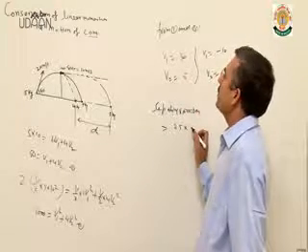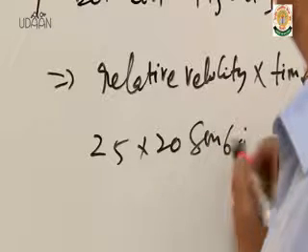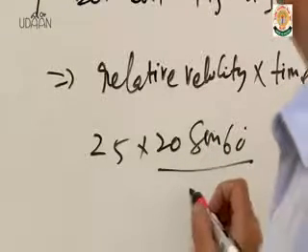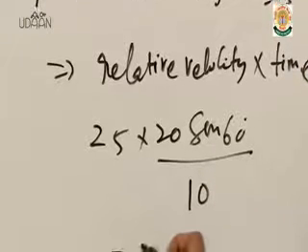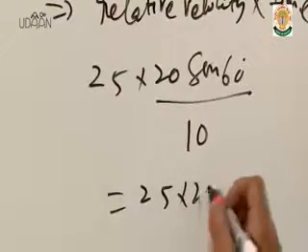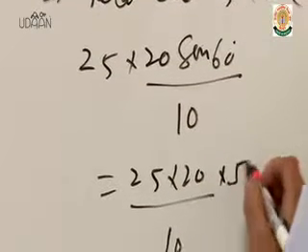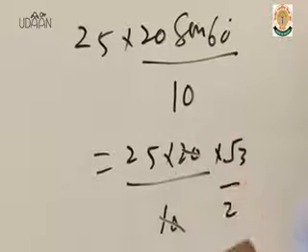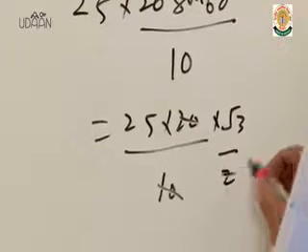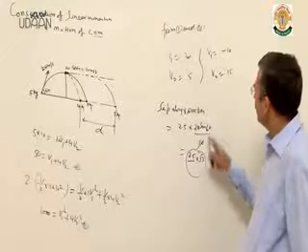So that is ten sin 60 in this case, equal to 25 by 2 into root 3 meter. Clear?